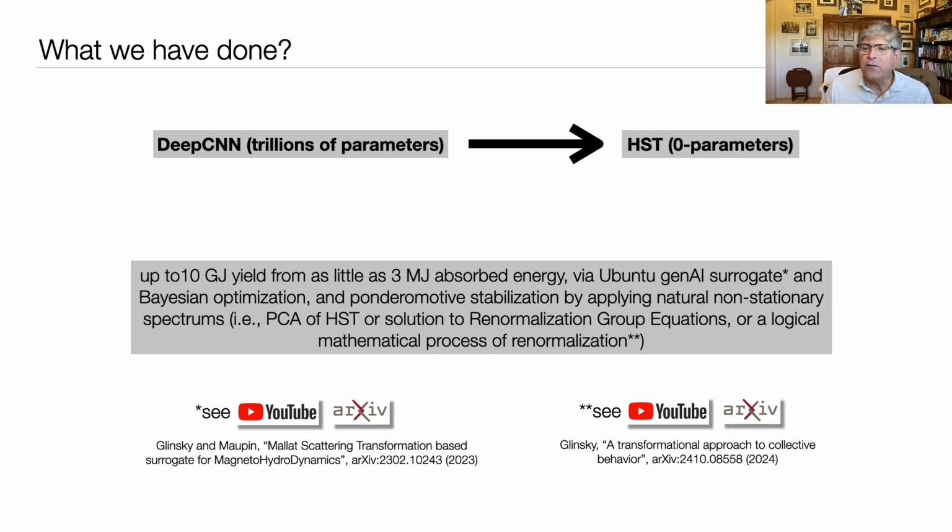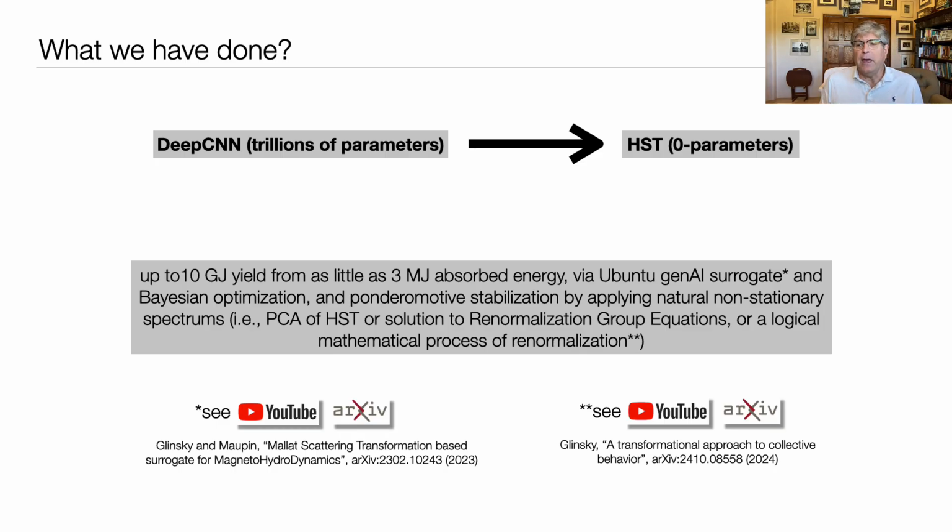The core innovation is replacing the deep CNN of genAI, which has trillions of parameters, with the HST, which does not have any parameters. The resulting Ubuntu genAI is a controller of collective systems that optimizes the performance of the collective system and ponderomotively stabilizes the collective system so that it does not disrupt.